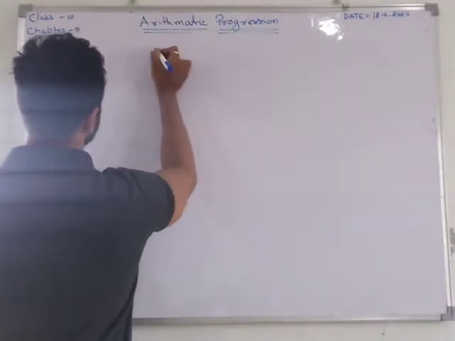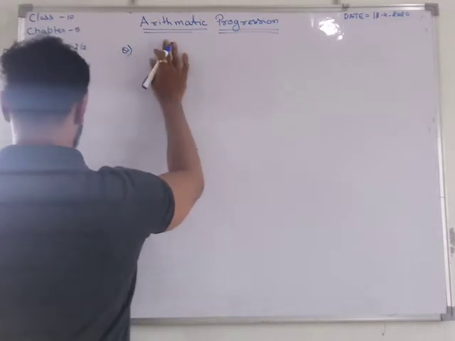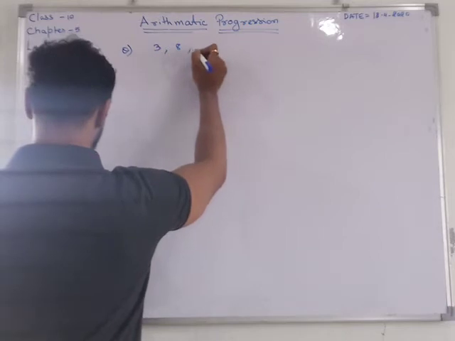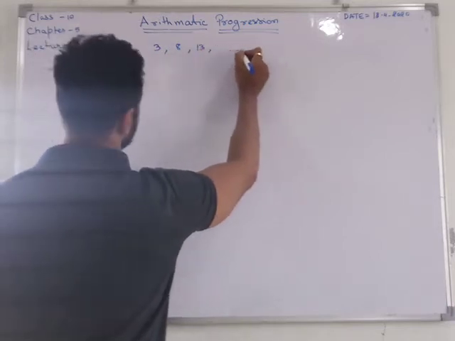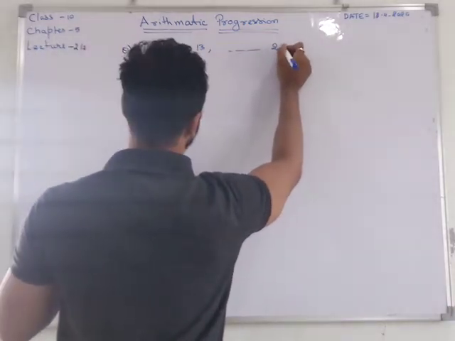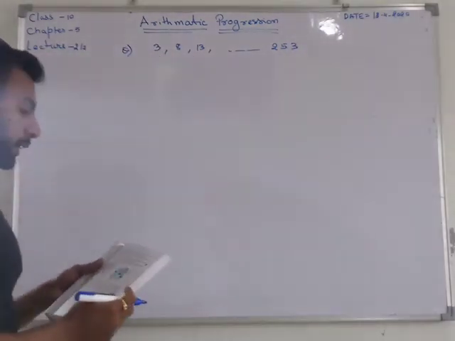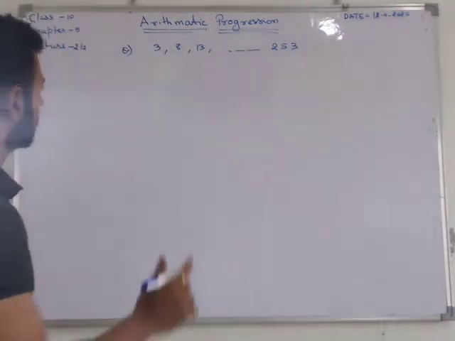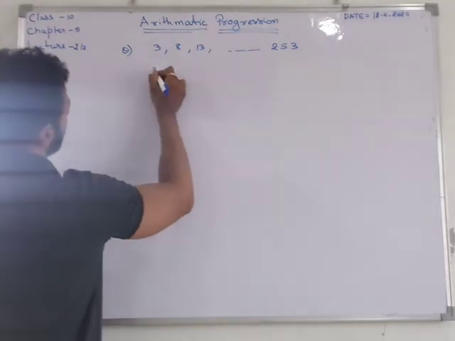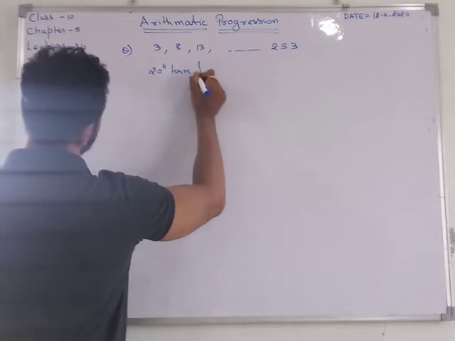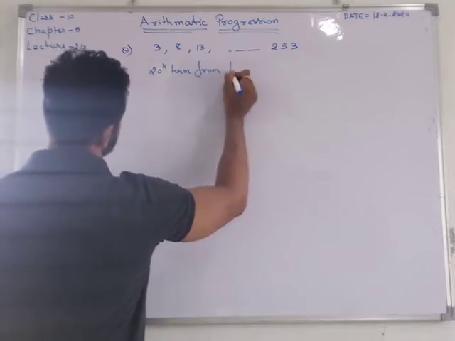AP is given: 3, 8, 13, and so on, to 253. Now we have to find out the 20th term from the last.